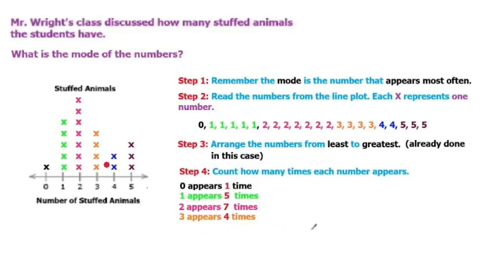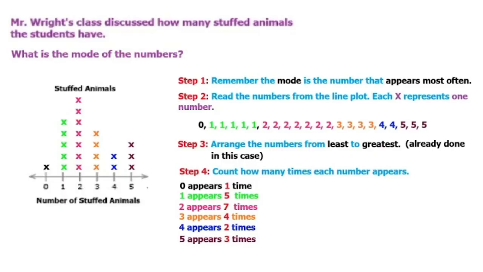So we have 3, 3, 3, 3, 4 threes. 4 appears 2 times, and 5 appears 3 times, okay?